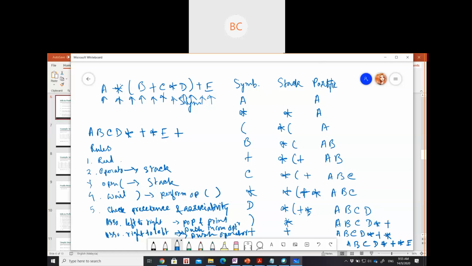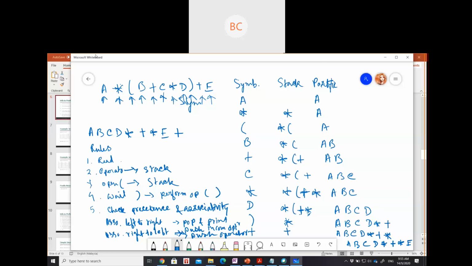Ma'am, but suppose there was a multiplication between B and C and an addition between C and D, so while pushing in the stack... In this case, when you pop out, of course you will pop out both, then you again see the higher precedence.